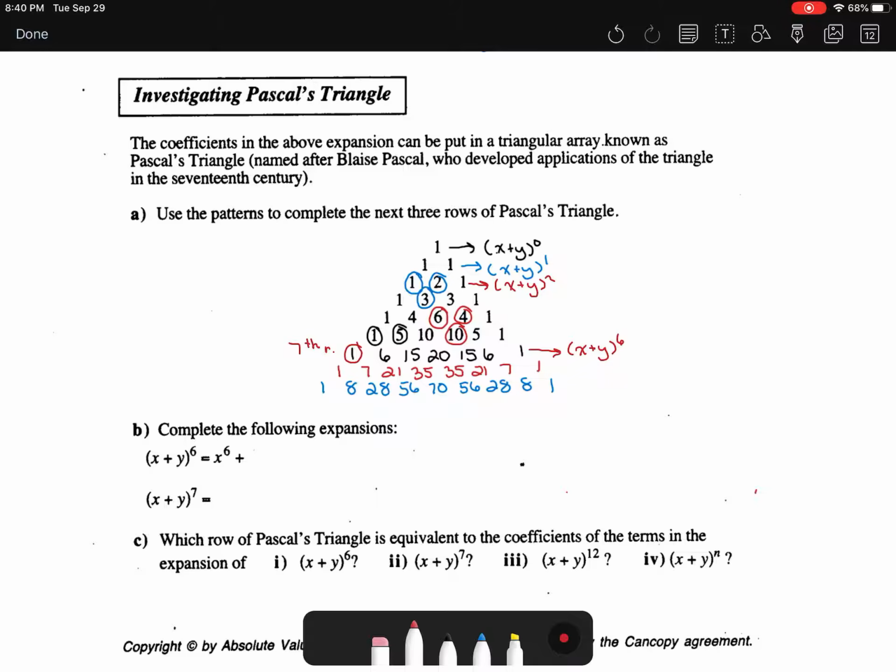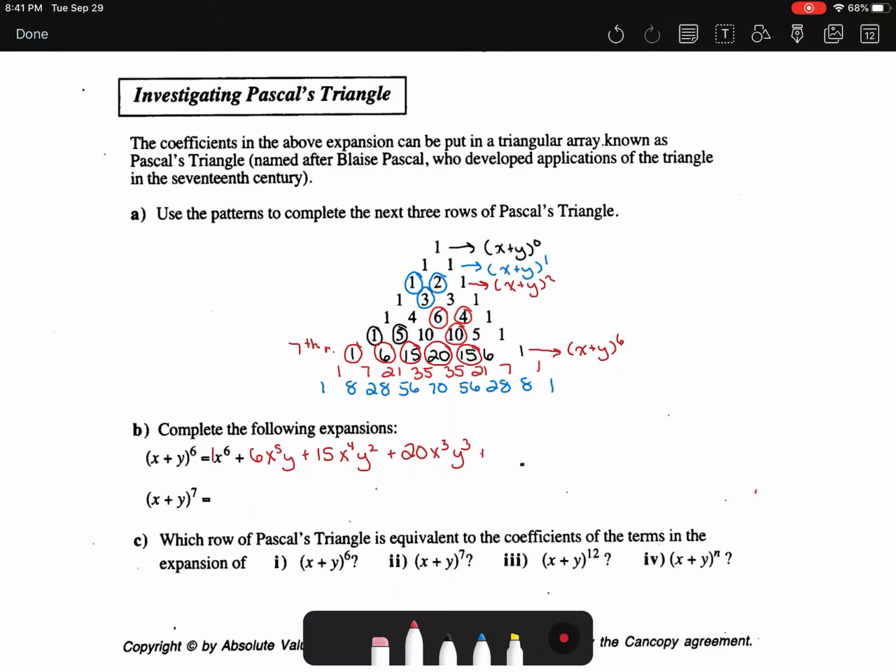The number 1 there, okay, is the one that is in front of the x to the exponent of 6. The next number 6, okay, is going to be the next numerical coefficient, and now I follow the pattern about x's and y's. The x's go down by 1, and the y's now start increasing. Okay, so y to the 1. Plus, then I use the 15. So 15, the x goes down by 1, the y increases by 1. Then the 20, so plus 20, the x goes down by 1, the y increases by 1.